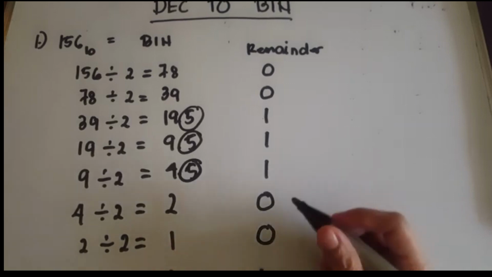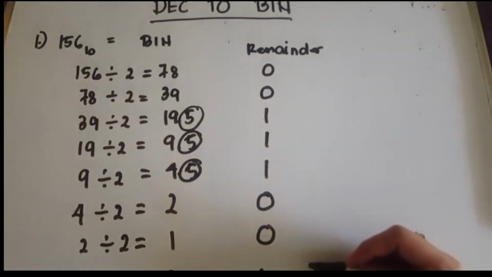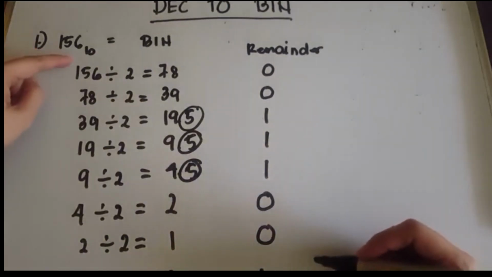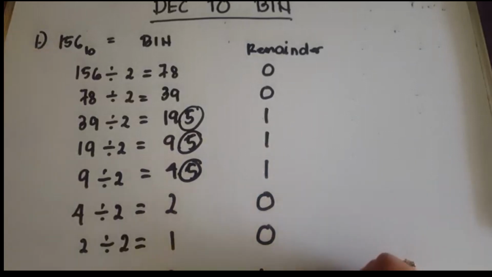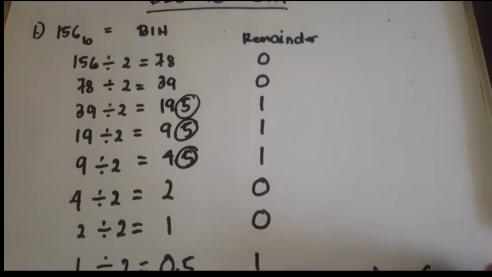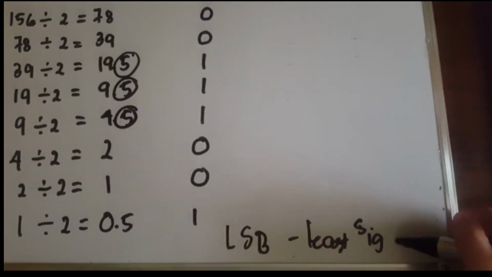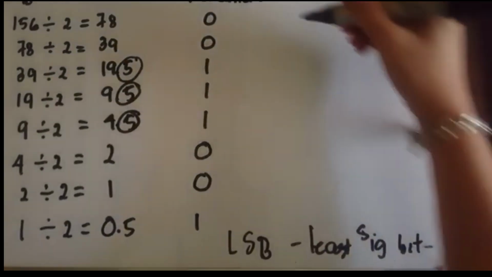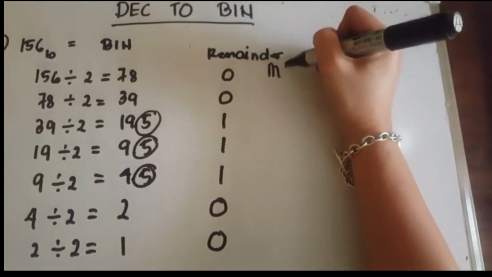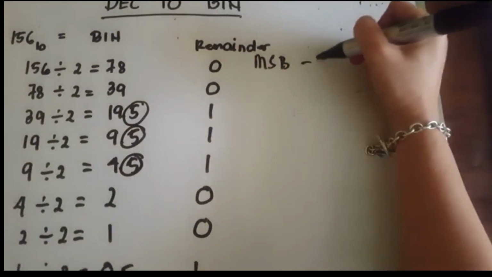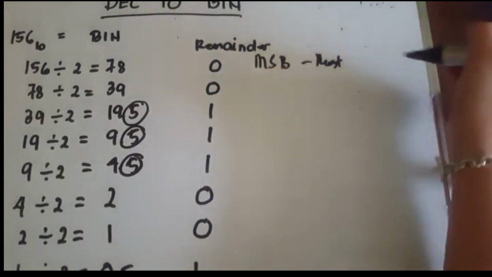So this becomes 1. So in order for us to get the binary value for the 156 decimal base 10, we're gonna put, this is the LSB or the least significant bit, and this is the MSB or the most significant bit.